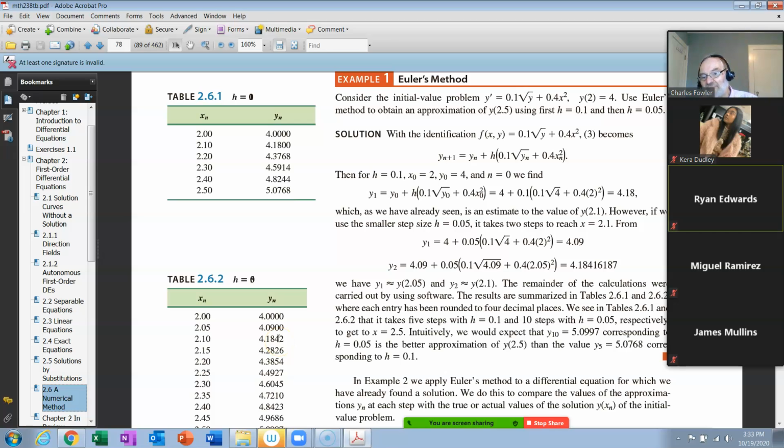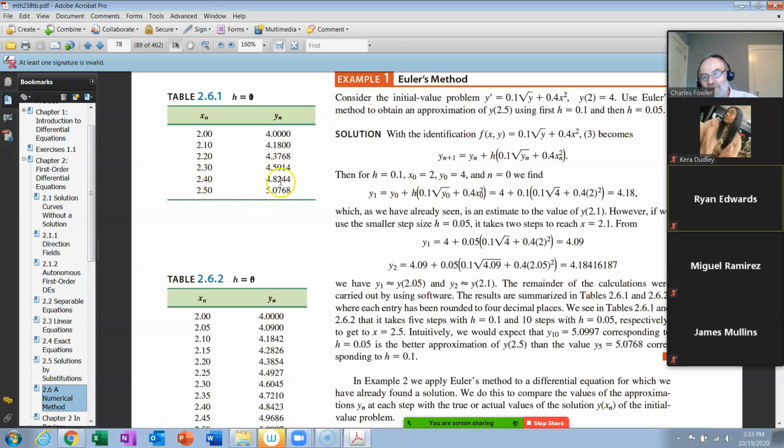Not a lot of difference, but this is a little bit greater. 2.20, 4.3768, here 4.3854. Okay, I hope I was looking at the right table before. 2.30 here was 4.5914. This is 4.6045. Still not a lot of difference, but you see you're getting a little bit closer to probably what reality is.